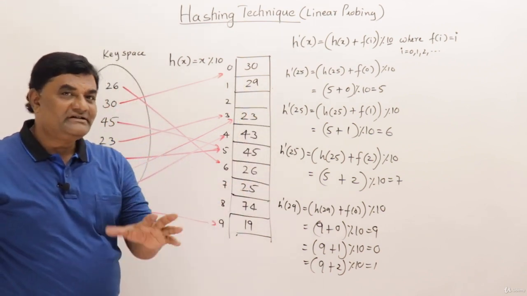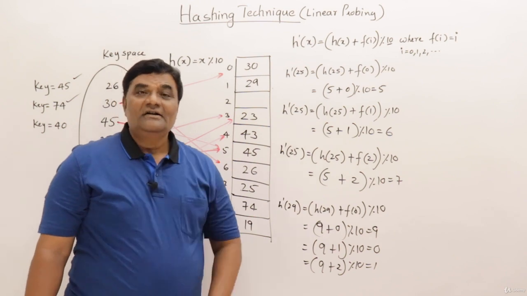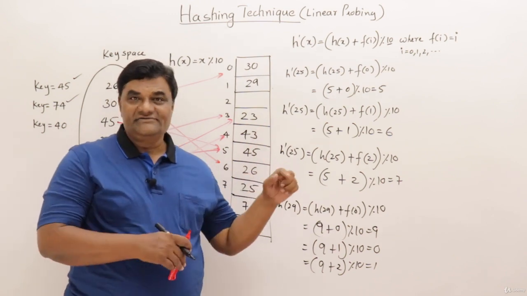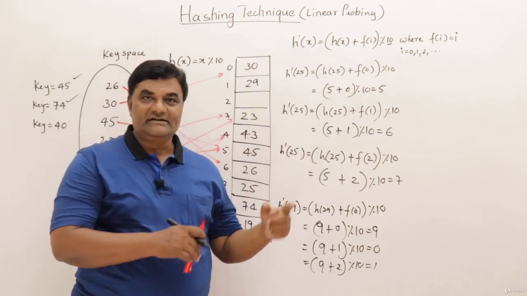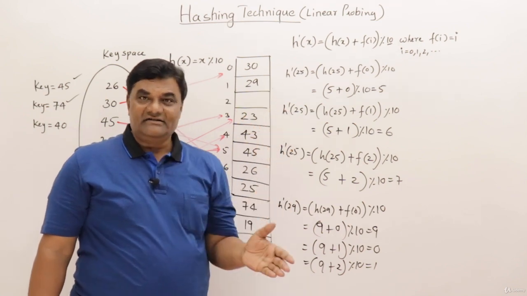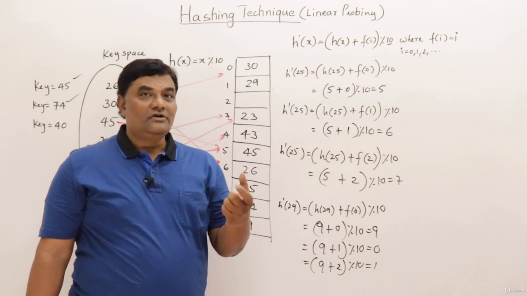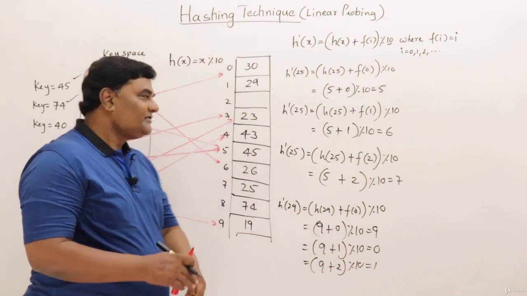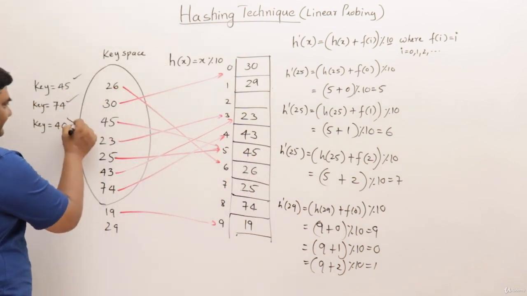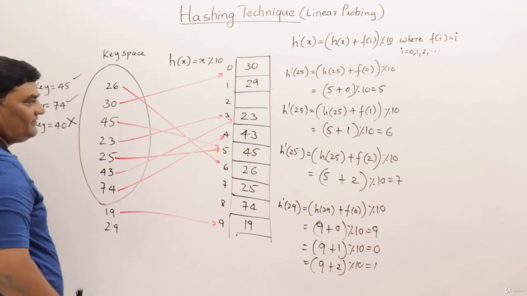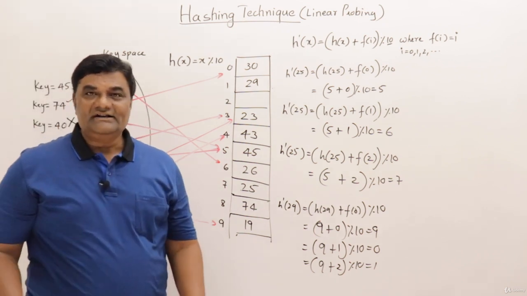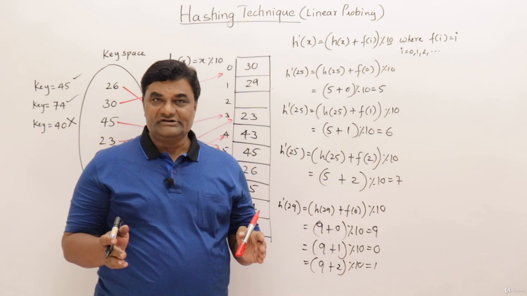Empty place found means the element is not there. So the method for searching is: take the hash function, get the index, go to that index, and go on searching linearly until the key is found or you get a free space. So this was unsuccessful. 40 was not found. So that's all. I have shown you how to search.